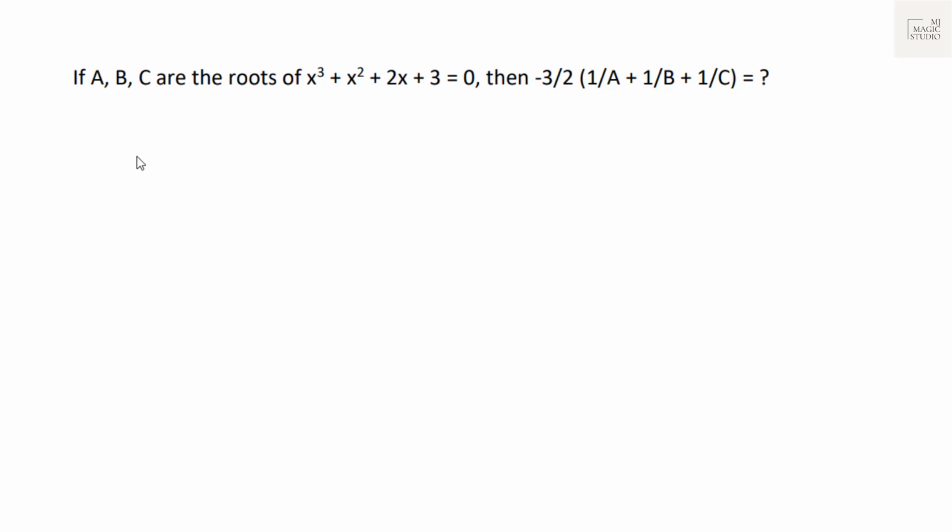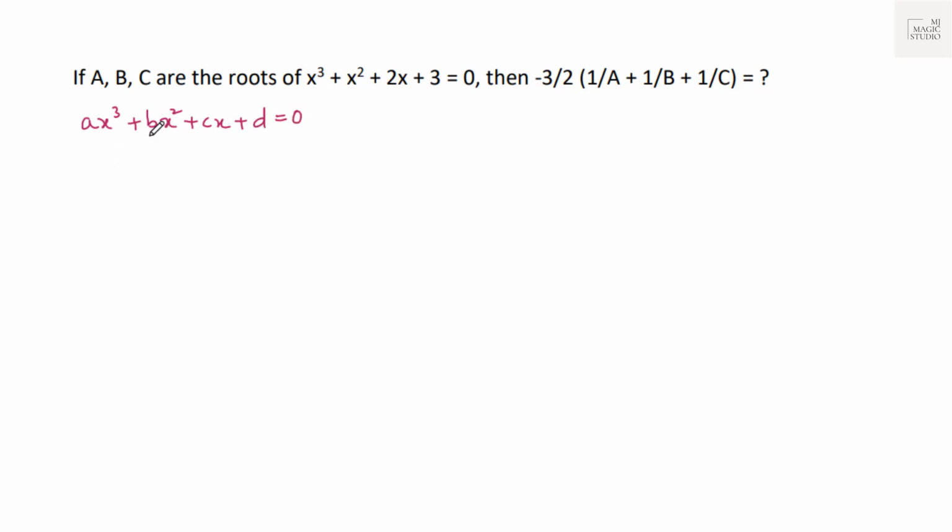As far as a quadratic equation is concerned, the highest power of x is 2, so maximum number of roots possible are 2. In case of cubic equation, highest power is 3, maximum number of roots possible are 3. Suppose a cubic equation is ax cube plus bx square plus cx plus d equals to 0.